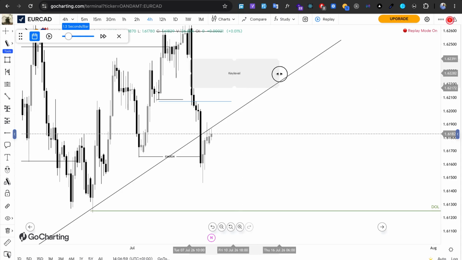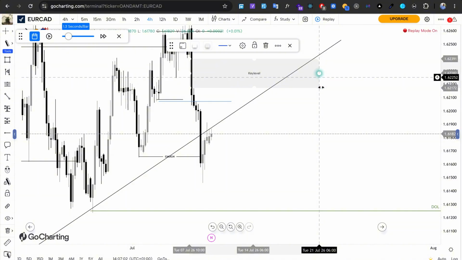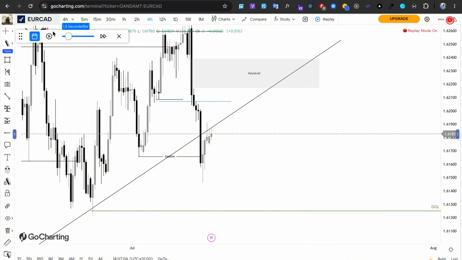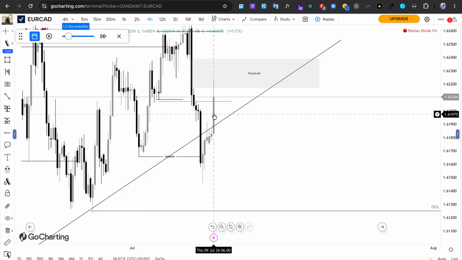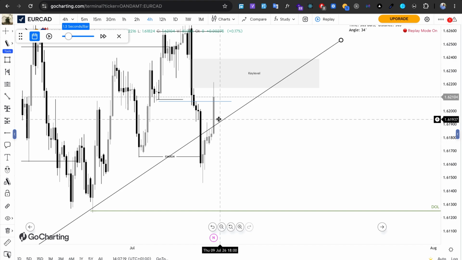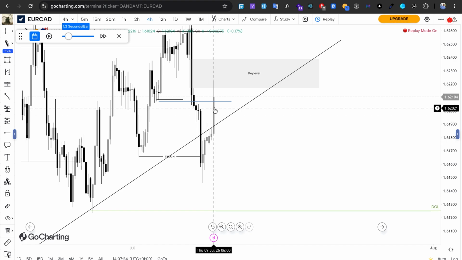So I will not just go in blindly. So let's play price. As soon as we play price, you see that this candle has purged into the key level, into our internal liquidity, right? And this was inside our key level.